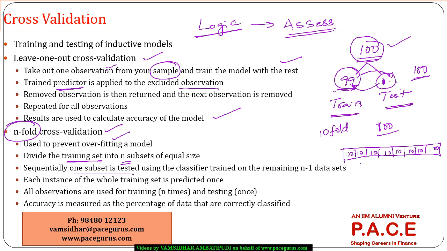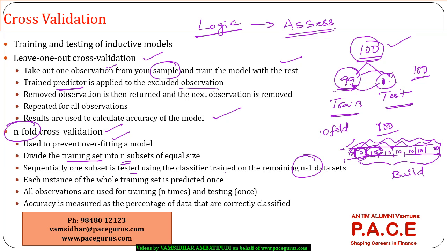Sequentially, one subset is tested using the classifier trained on the rest. So now I'll use these 90 to build the model and test it on these 10. After that, this becomes the test set, and I build the model with the remaining 90.